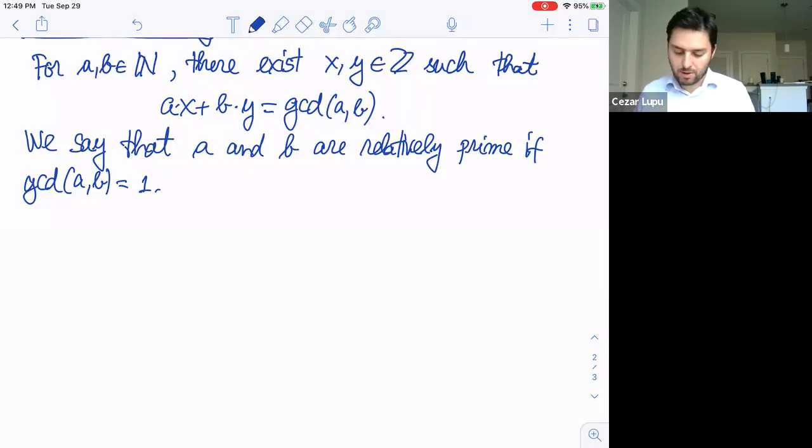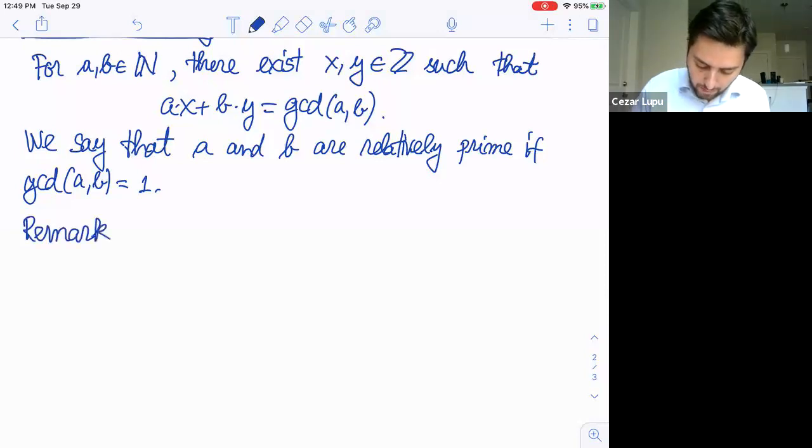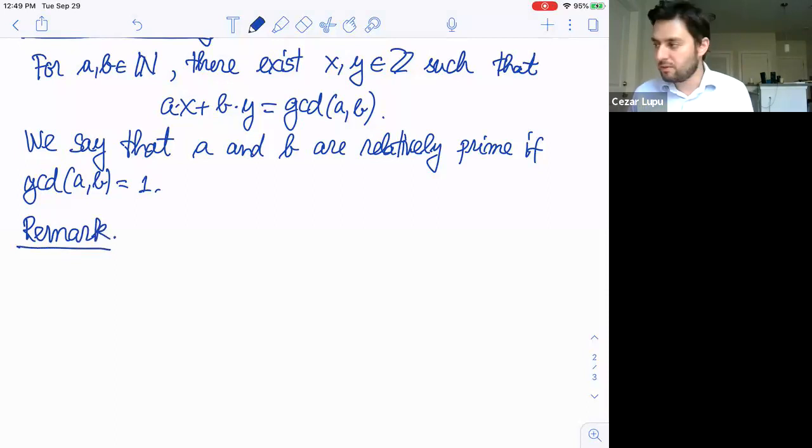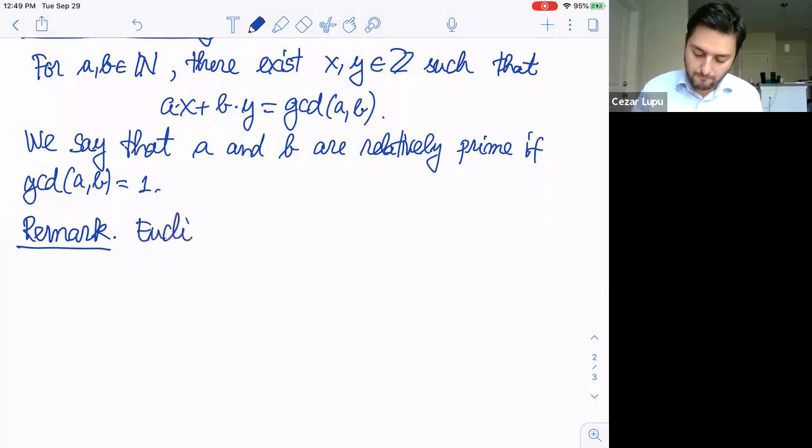Well, I would just want to mention one thing. Let me point out this remark, because this will be useful when we talk about divisibility, which is what we call Euclid's lemma.